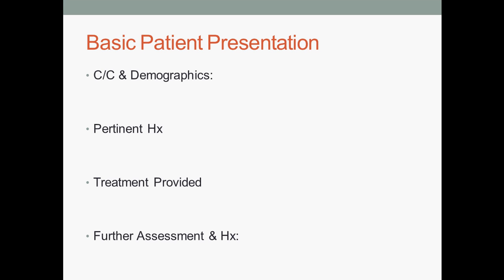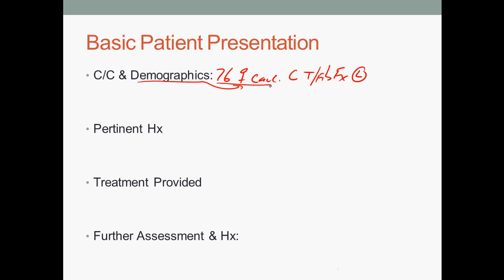Okay, so starting out a patient presentation is your chief complaint and demographics. So I think we said it was a 76-year-old female, Caucasian woman, and she has a compound tib-fib fracture. We'll call it the left leg. So we have our demographics here.